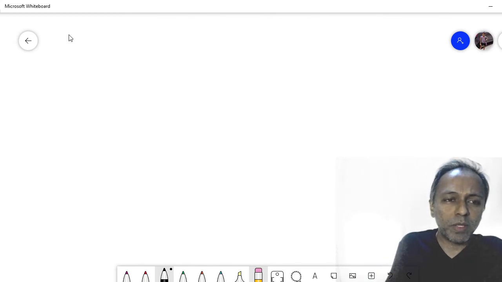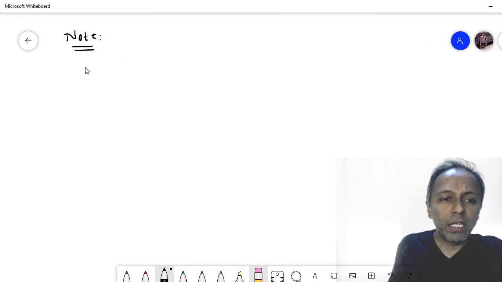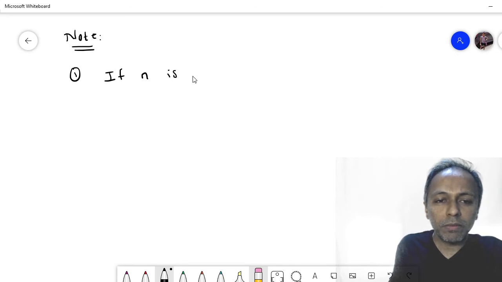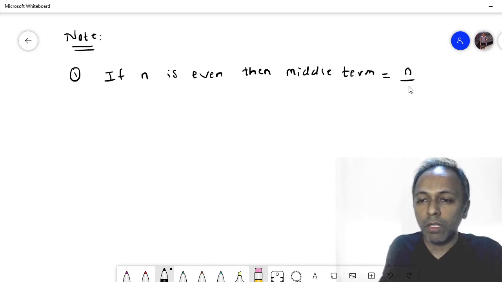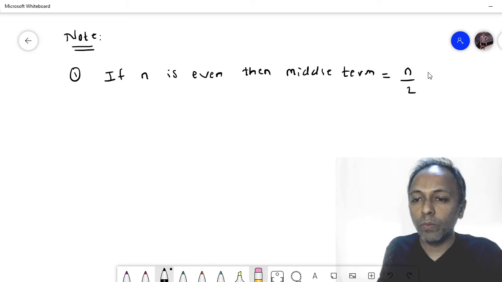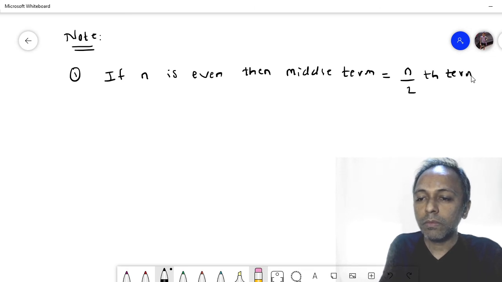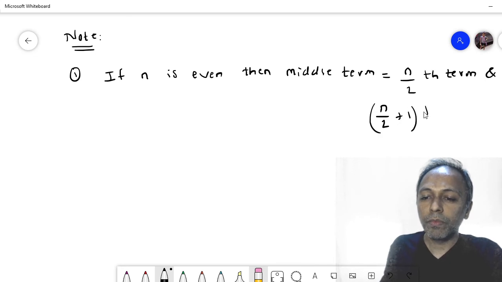Let us note down some extra points. If you want to find the middle term, and n is even, that is, the number of terms in an AP is even, then the middle terms will be the n upon 2th term and the n upon 2 plus 1th term.